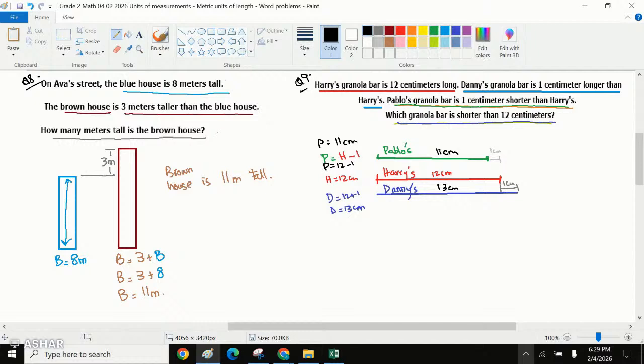There is only one that is shorter than 12 centimeters, and we can say Pablo's granola bar is shorter than 12 centimeters. We did not have to find the difference in length. We just had to identify which one is the smallest and which one is the greatest. Do we agree here?